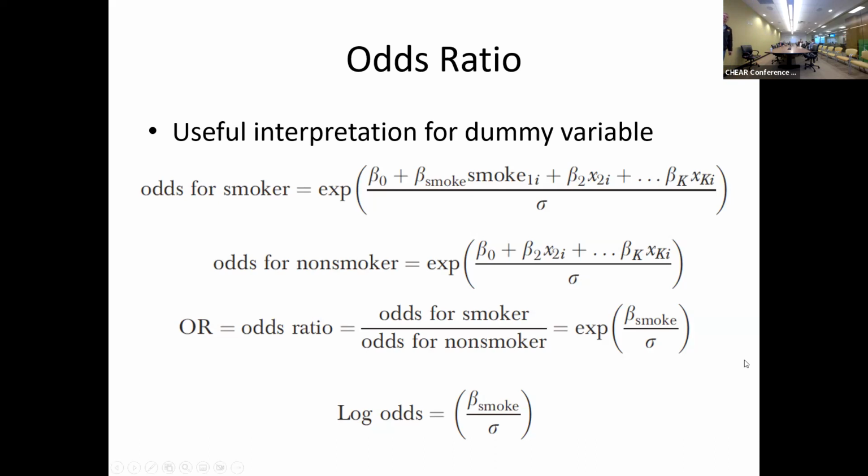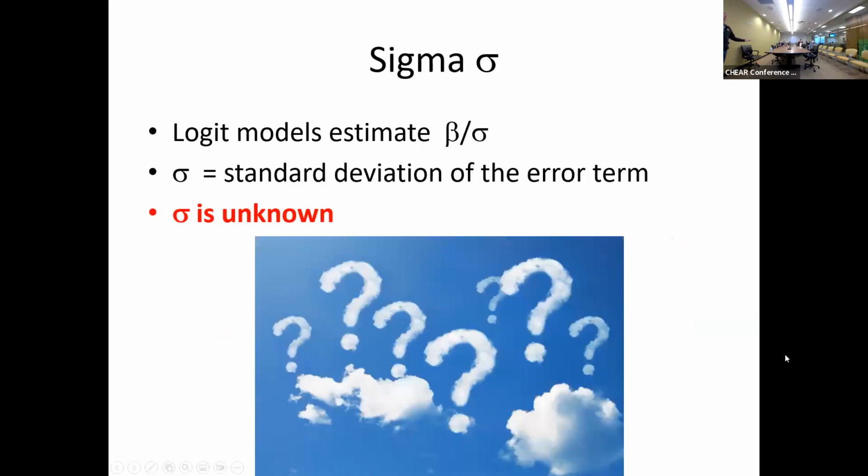Next slide. All right, but what is sigma? It's the standard deviation of the error term, but sigma is unknown. We don't know what it is. It fell out of the model. There are a couple of ways to think about this. One is that whether or not y star is above or below the threshold, once you take a continuous variable and just say, are you above or below the threshold, the units don't matter anymore.